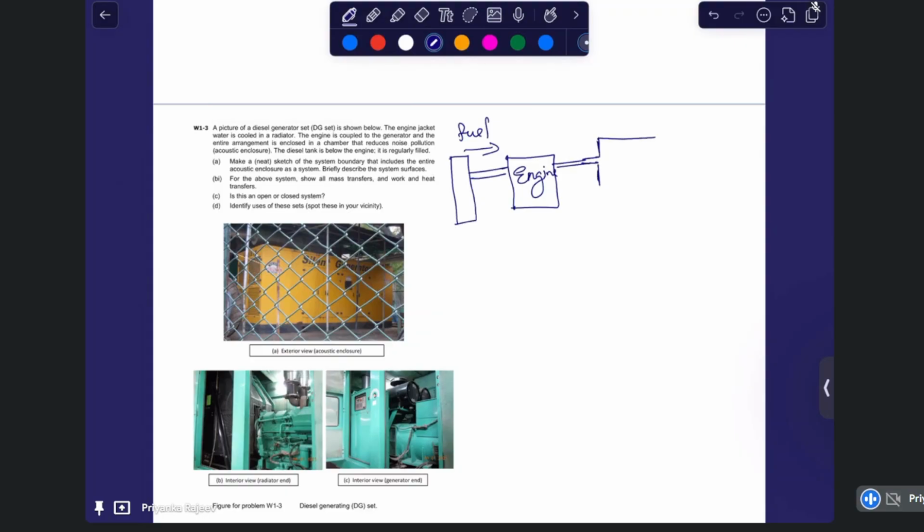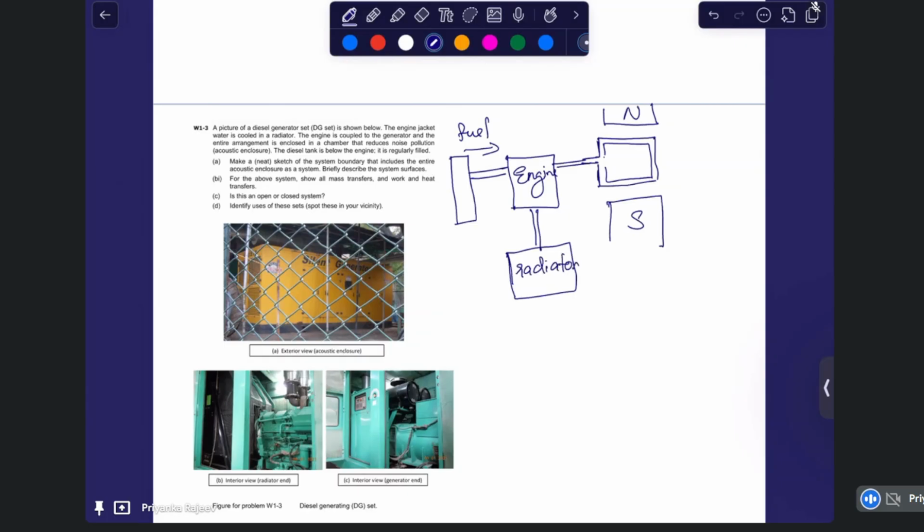There will be a rotor stator setup which will generate electricity. This will be rotating in a magnetic field, and then electricity is being produced. So this is the generator setup, and then heat from the engine will be going to something we'll be calling a radiator.